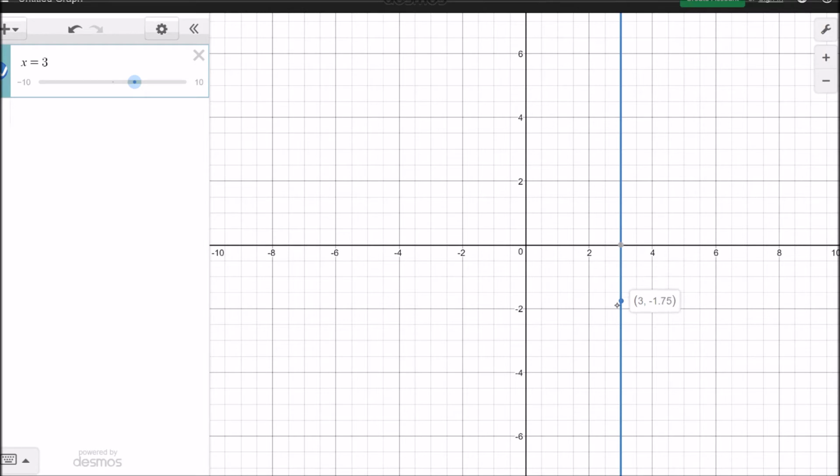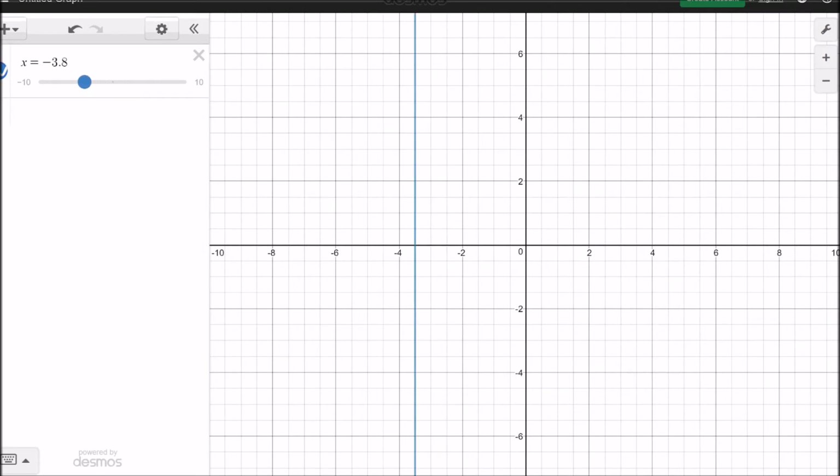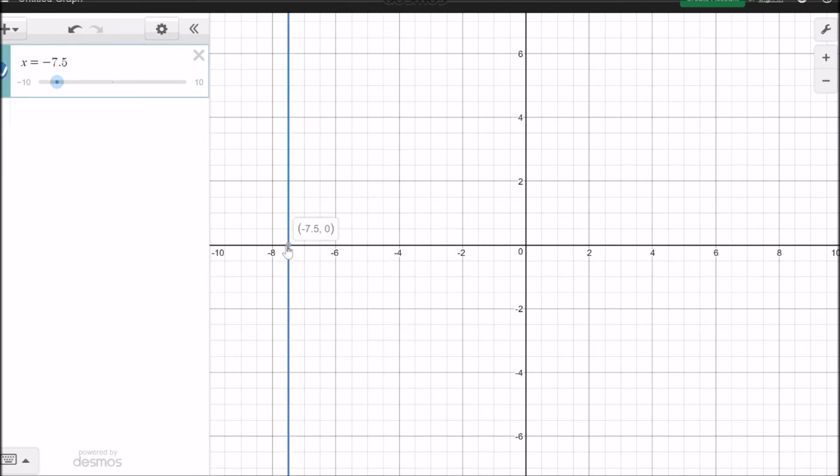So my y value is constantly changing, but my x value is staying the same. And that's true for any x value I choose. So for example, negative 7.5, my x-intercept is negative 7.5, and any point that I choose on my line will always have x equal to negative 7.5.